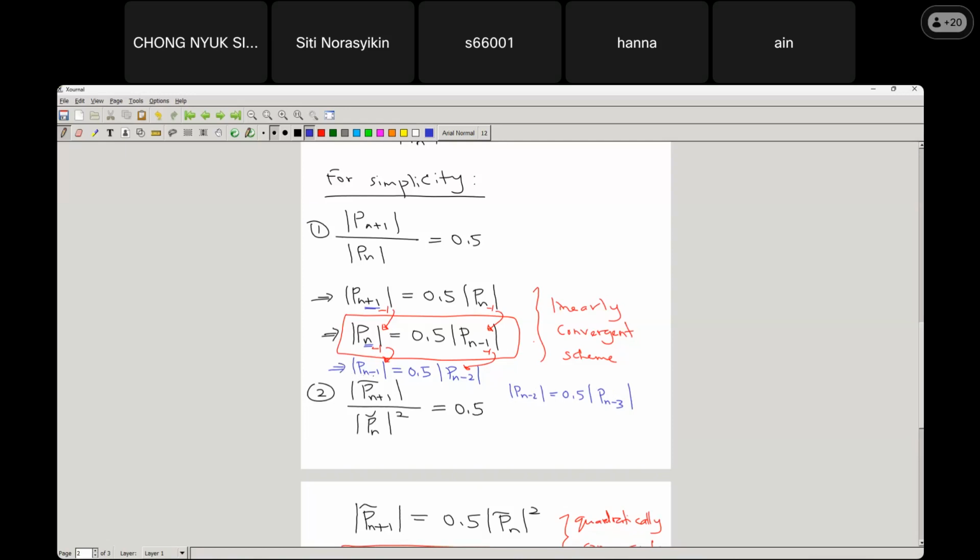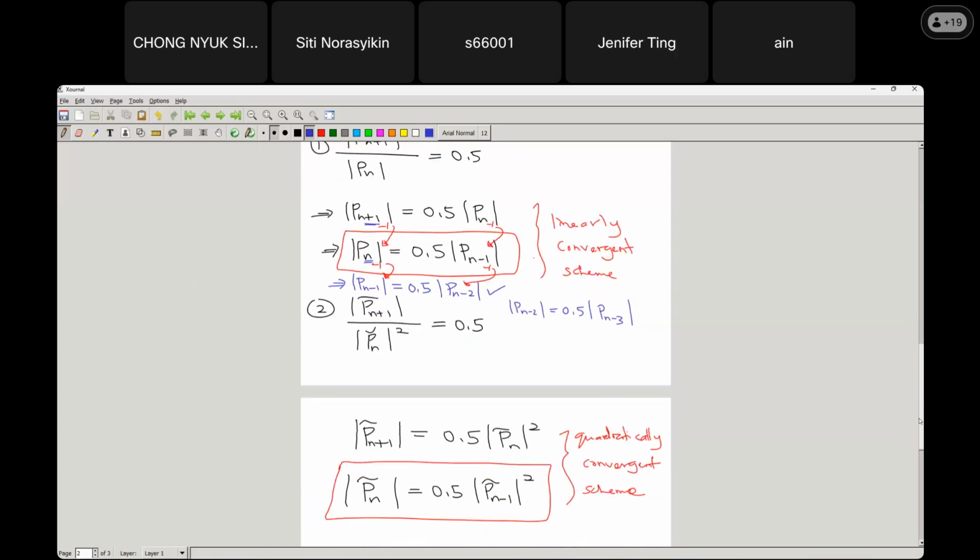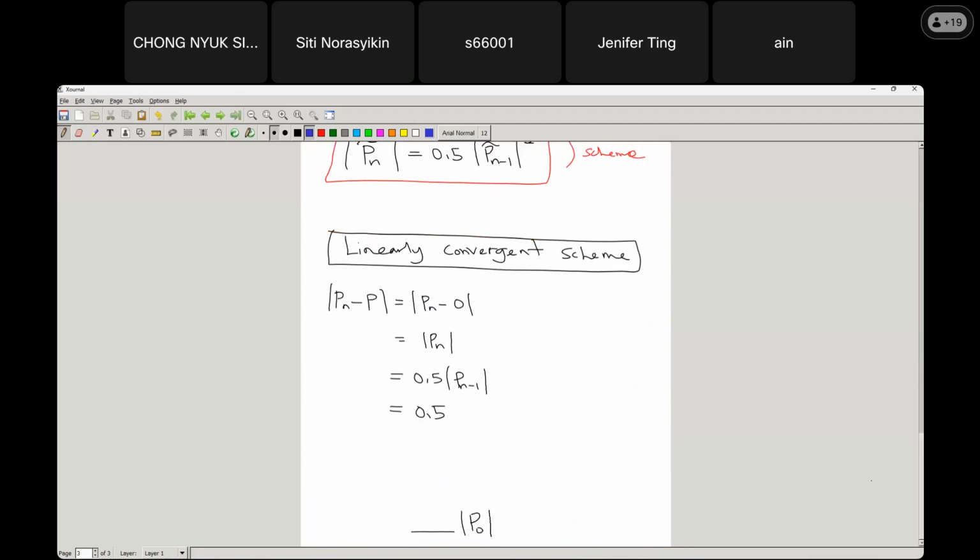We know that Pn minus 1 is equal to 0.5 times absolute value of Pn minus 2. So you substitute this one into the formula down here. Now I'm going to substitute my Pn minus 1. This is equivalent to 0.5 Pn minus 2. How do we get this?